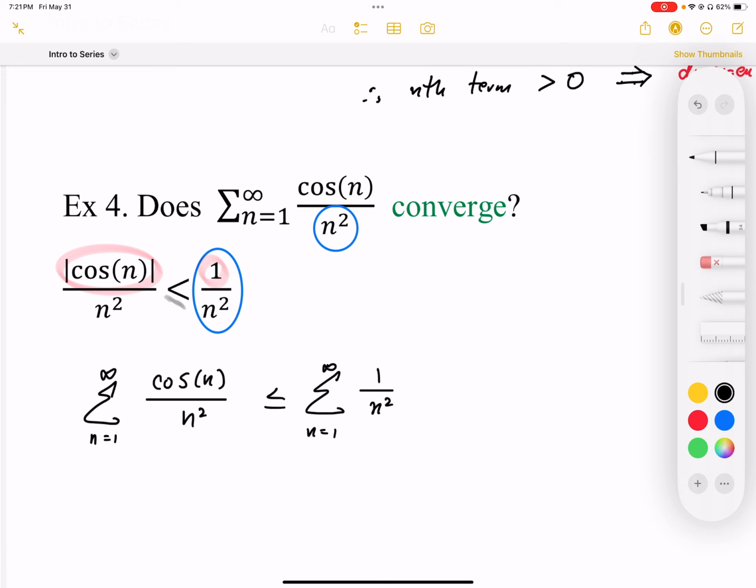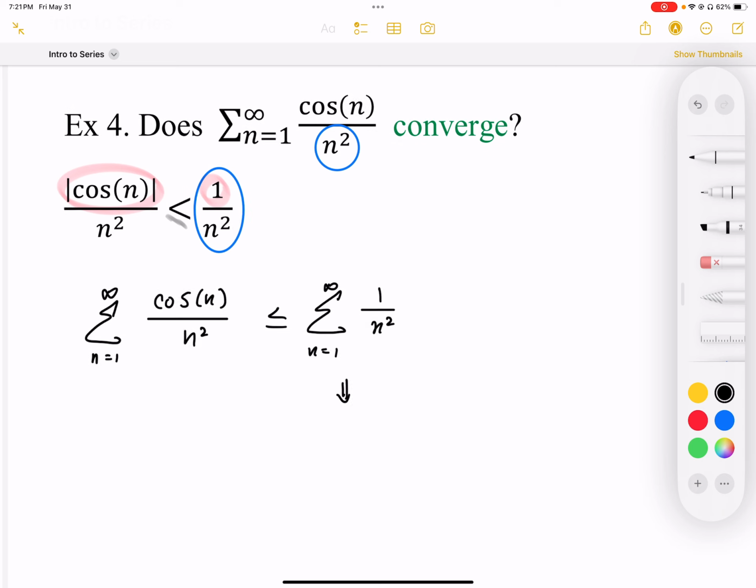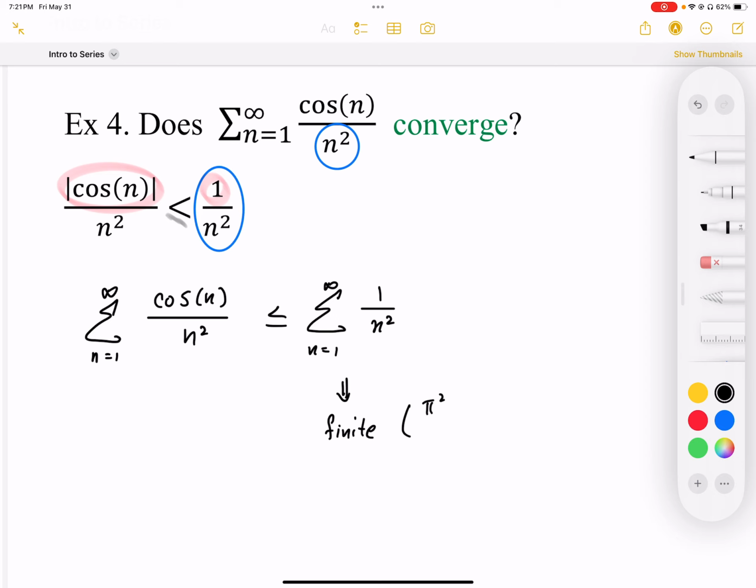We know that this is finite. This has a limit. It happens to be equal to pi squared over 6. We don't really need to know that, but if the sum that we're looking for is less than a finite number, we know that this has a limit. Therefore, this must be convergent. So this sum must be convergent.